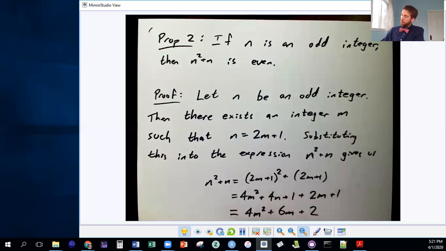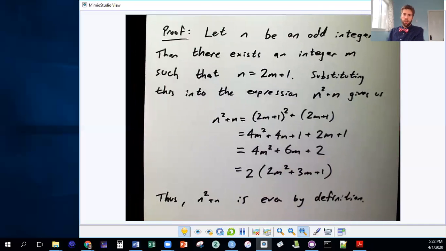Factor the 2 out, and you have 2 times (2m squared plus 3m plus 1). So we factor out the 2, and thus n squared plus n is even by definition.